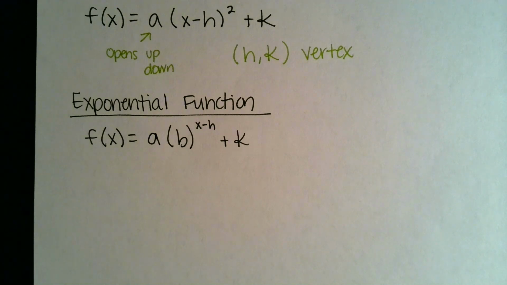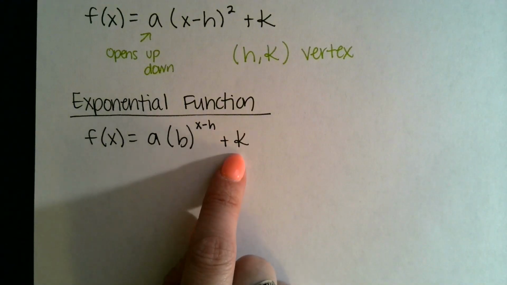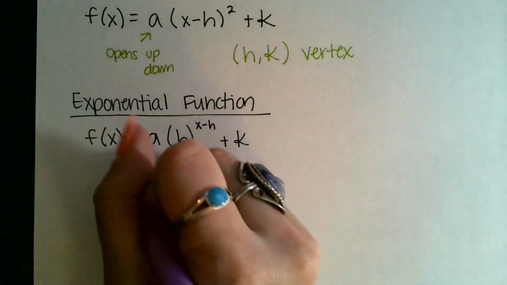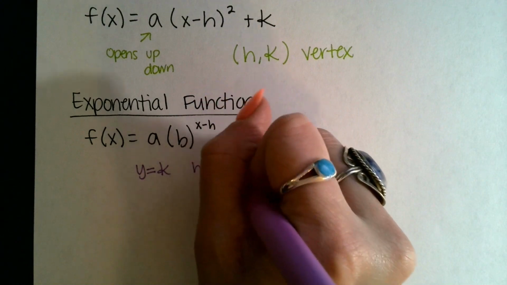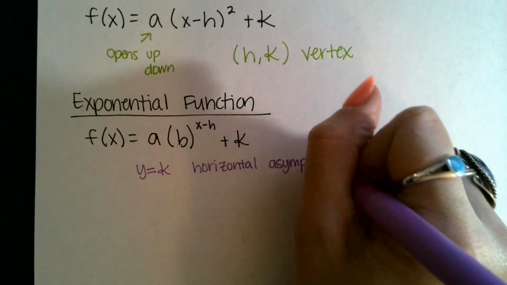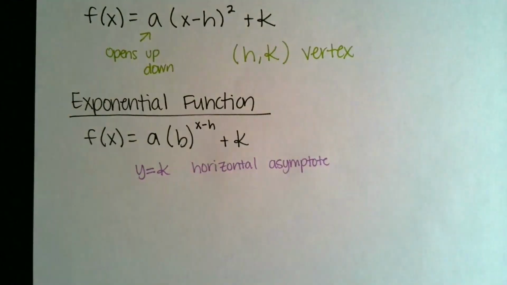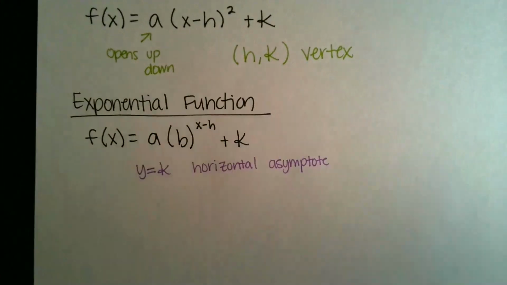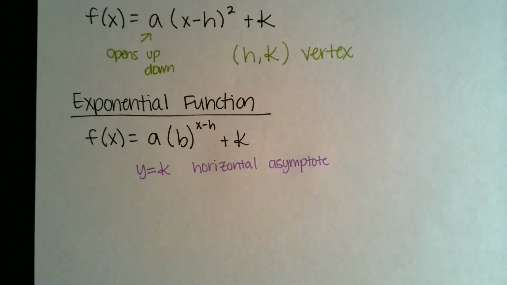However, h is still your horizontal shift, k is still your vertical shift, and y equals k is your horizontal asymptote. That k value is the number of your horizontal asymptote. So there are your 3 different types of functions with the h and k and the plus and minus.